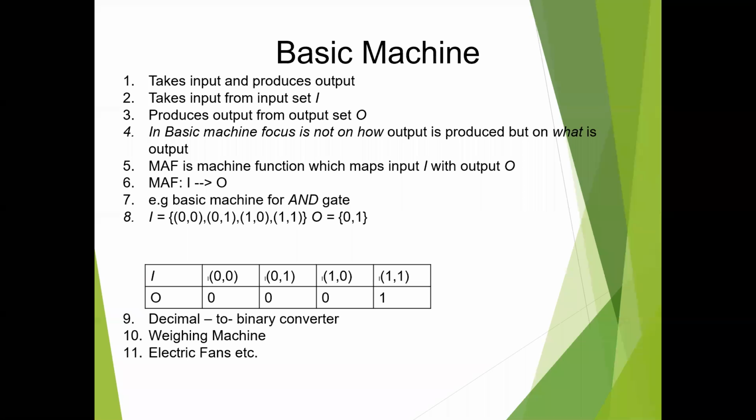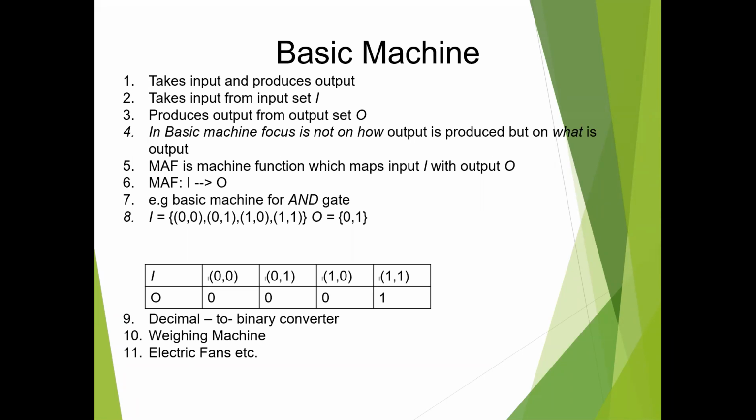So in case of basic machine, we are not emphasizing on the behavior of the machine or how you will get the output. Basically it is focusing on what output you will be getting after giving the particular input. So in basic machine we focus mainly on what is the output, and not on how we will get that output, or you can say in other words, we are not focusing on the behavior of the machine, right?